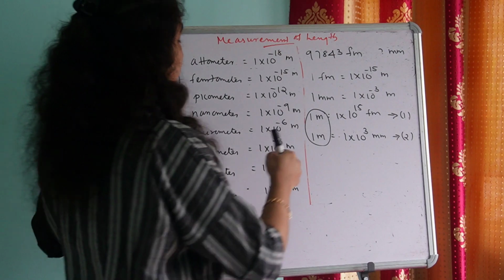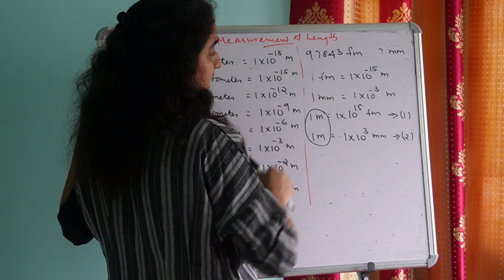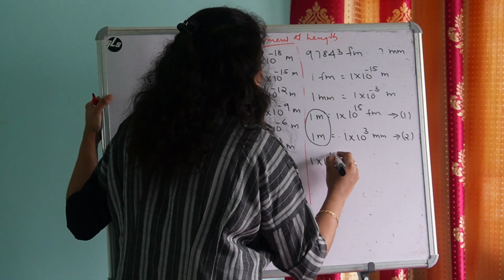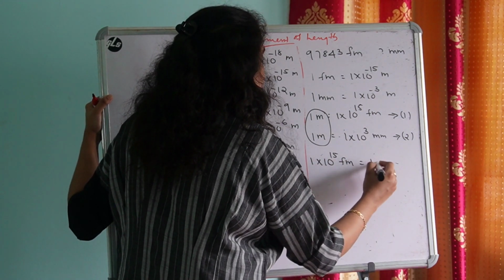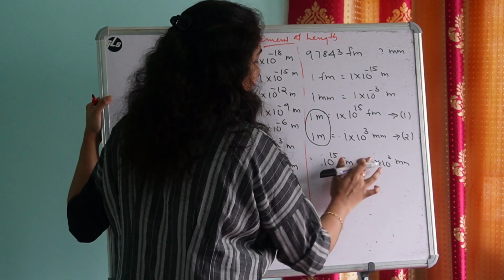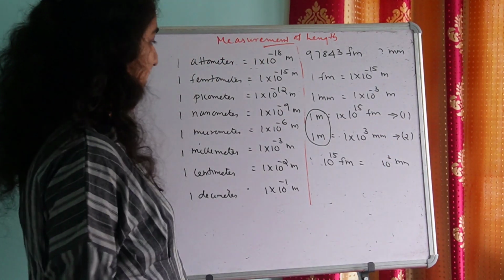Here, since one side of both the equations is the same, the other side will also be the same. So 1 into 10 power 15 femtometer is equal to 1 into 10 cube millimeter. Yes, we can remove this 1, there is no need of writing 1.